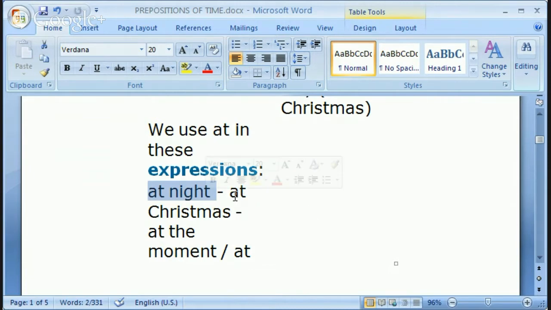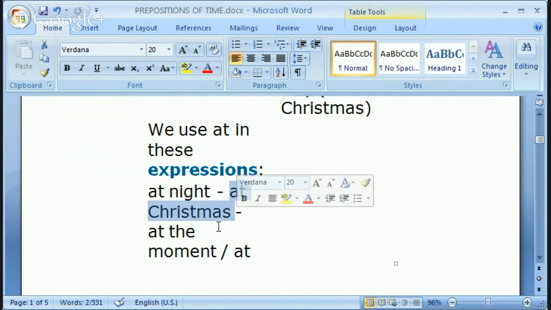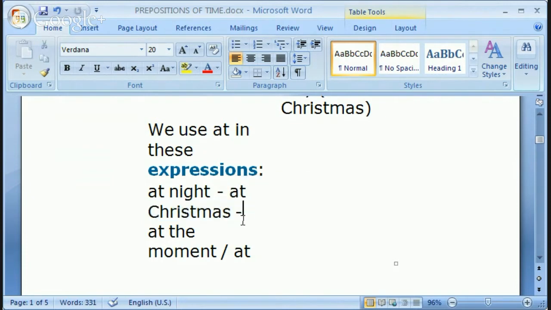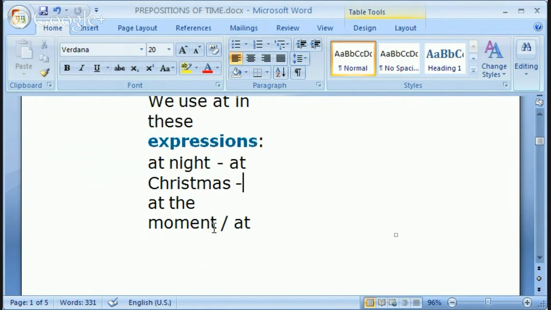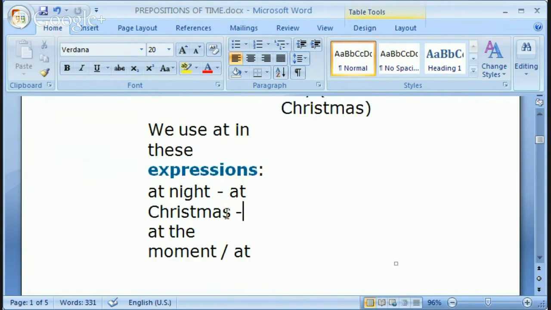Okay. We also use it with, for example, at Christmas, at Easter. It's more or less unspoken, but implied that we mean at Christmas time, at Easter time. Sorry, can I say at holiday or not?